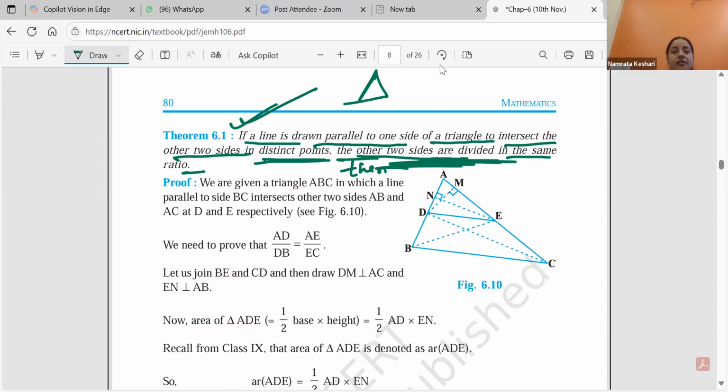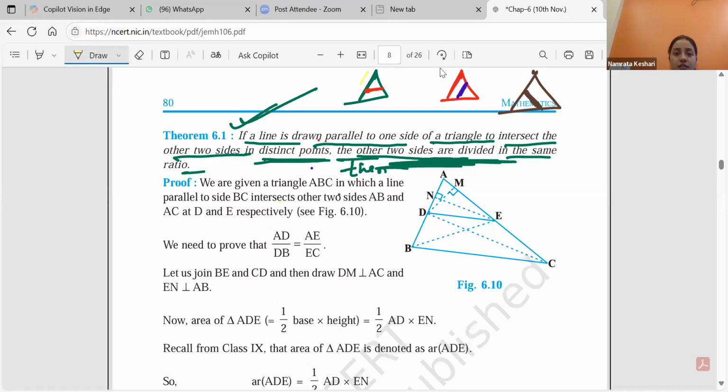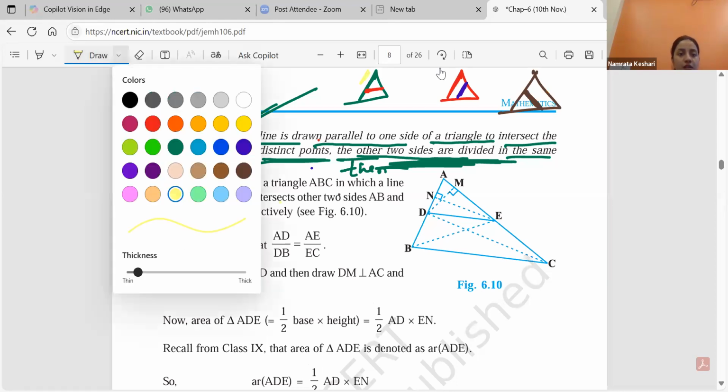If there is a line which is parallel to one side intersecting the other two sides at two distinct points, then your other two sides will get divided in the same ratio. It is not necessary that the parallel line must be parallel to the horizontal one. No, it's not mandatory. Your line can be parallel to any one of the sides of a triangle. It can be parallel like this, it can be parallel like this. You just need to realize the ratio will be the same. Which ratio? Let me take another color.